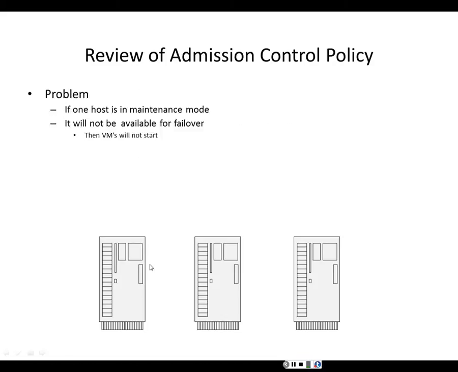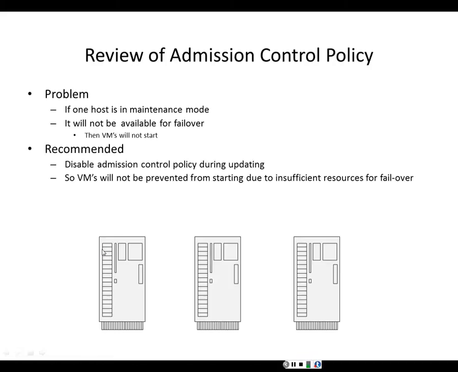Here's the problem. If one host is in maintenance mode, then it will not be available for failover, and therefore the virtual machines will not start on the other hosts. So what we're supposed to do is to disable the admission control policy during the update period. The reason we do this is so virtual machines will not be prevented from starting due to insufficient resources for failover.